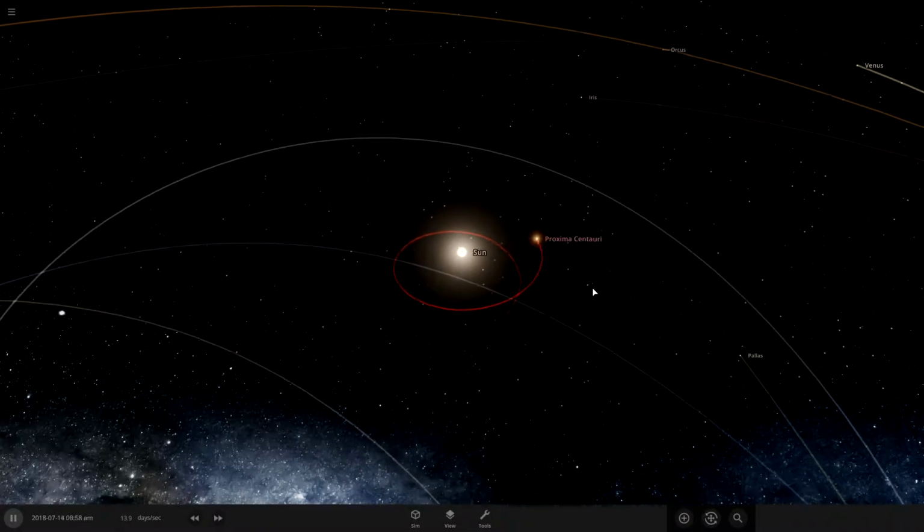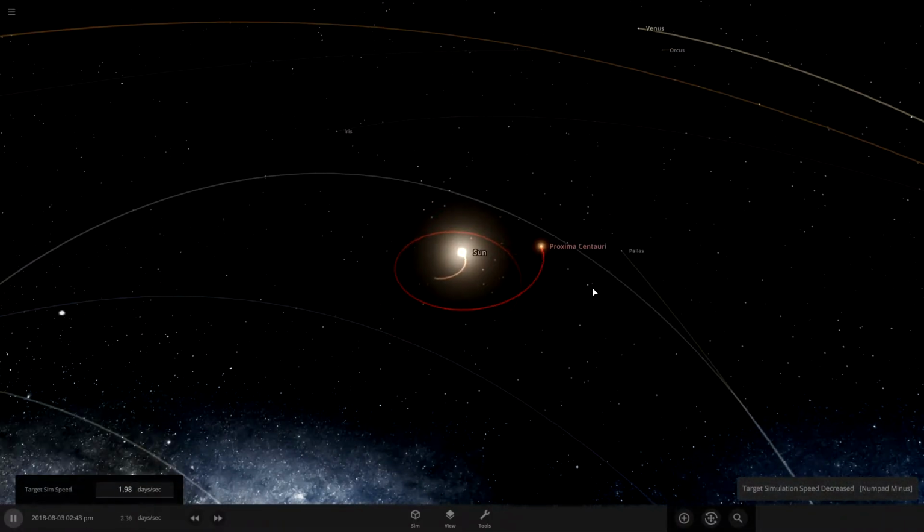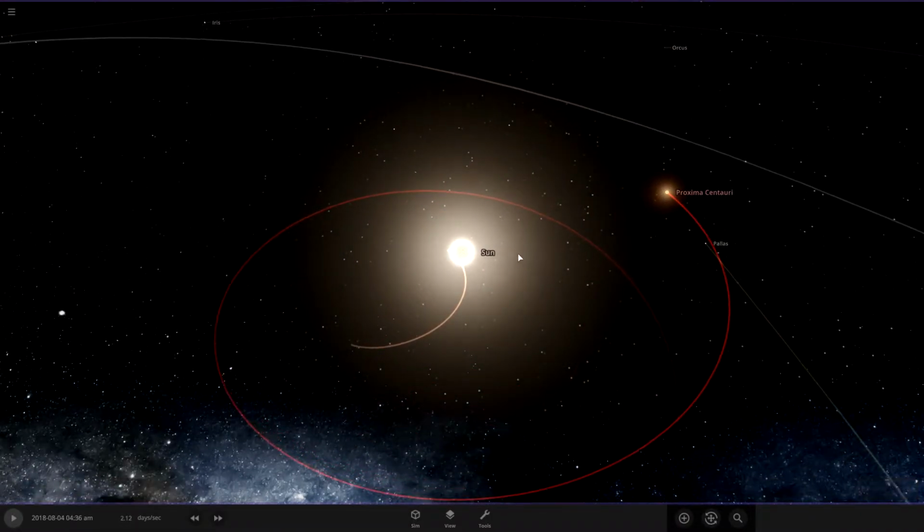It's now somewhere between them. If I had to guess, it would be somewhere around here, maybe closer to the Sun, because the Sun is considerably larger, so maybe here.